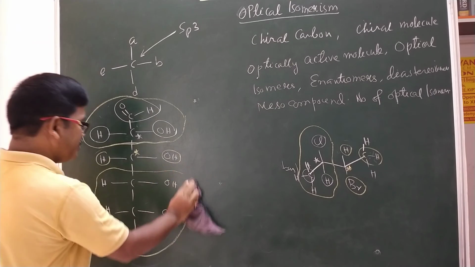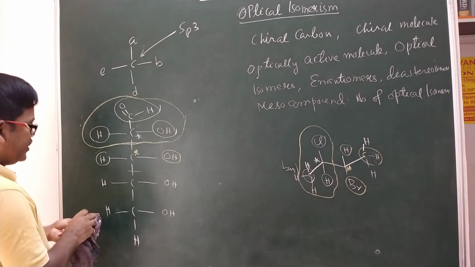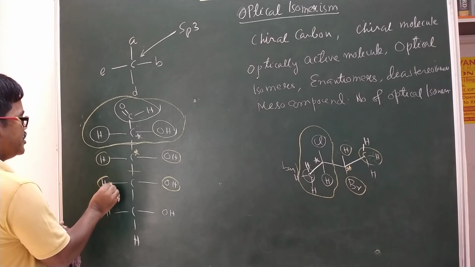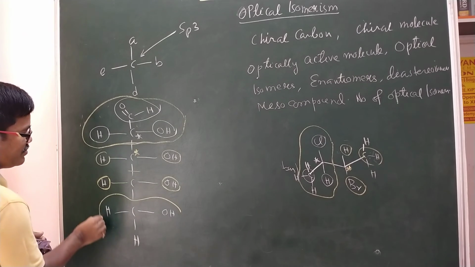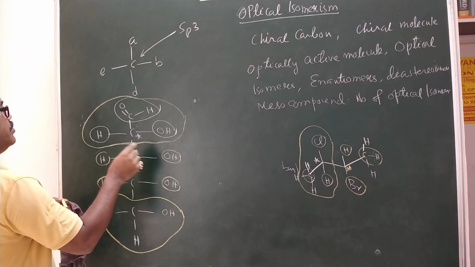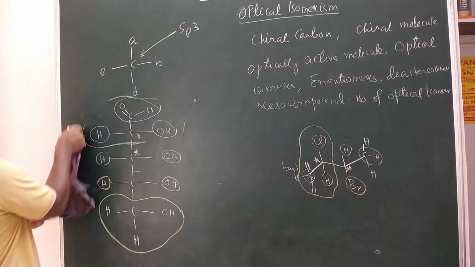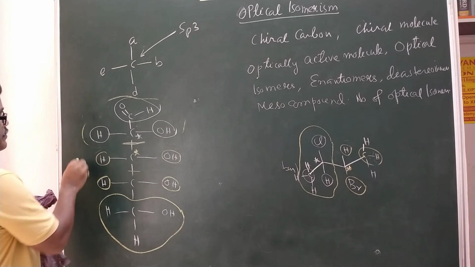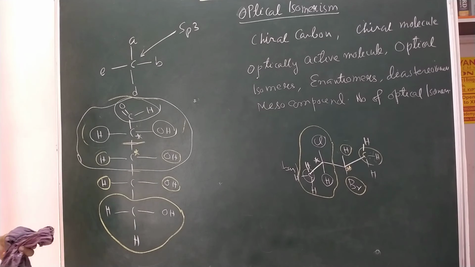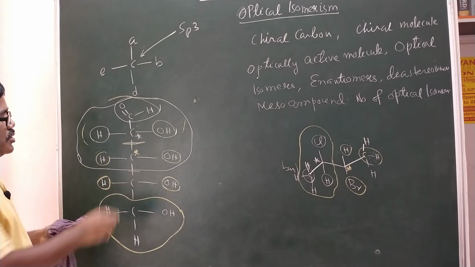Next, come to the next carbon. This is OH. This is H. This is another group. And this whole upper part, I mean this part, as a whole is a group. Therefore, OH, H, this part and this part are all different. Therefore, this carbon is also chiral.